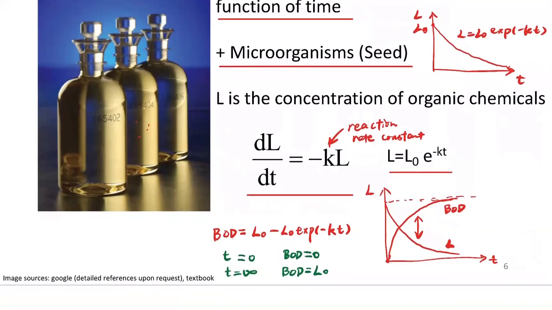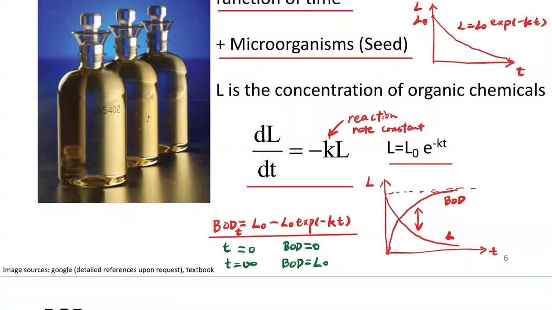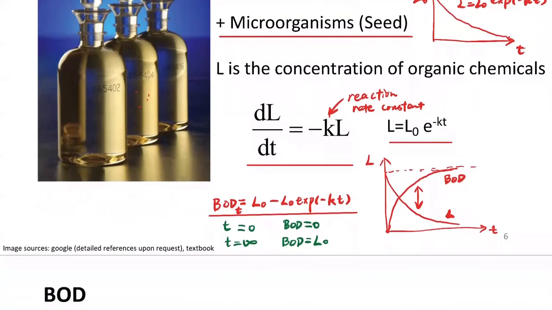Because of this, we now have the kinetics of the BOD. Normally, people will also write this with t as a subscript, BOD_t, because this is valid for any time. For example, if you know the BOD at 3 days, you can plug in L0 minus L0 exponential of minus K multiplied by 3.